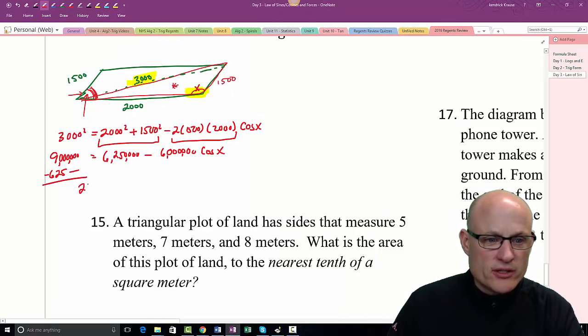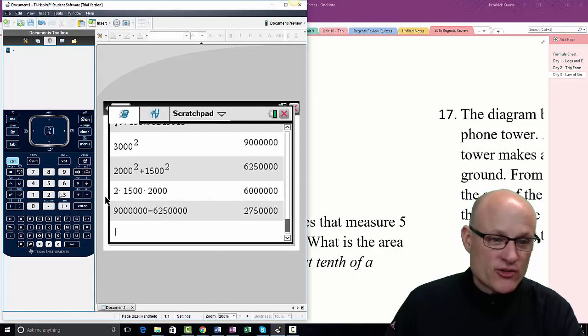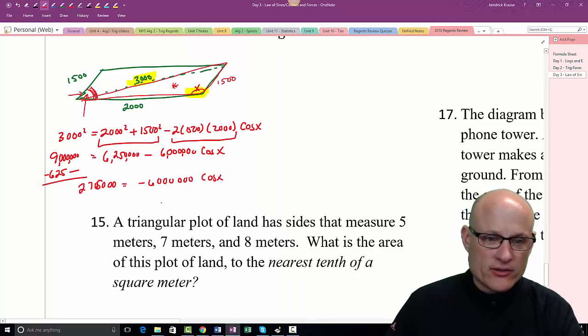And I get 2,750,000. So 2,750,000 is equal to negative 6 million cosine x. Oh my God, all these zeros are driving me crazy. So we're going to divide by negative 6 million. And I get, enter, that. So cosine x equals negative.